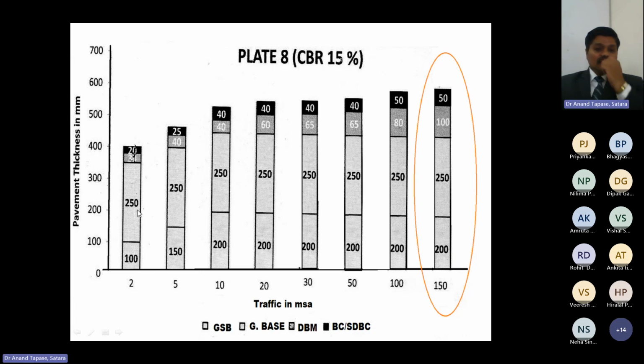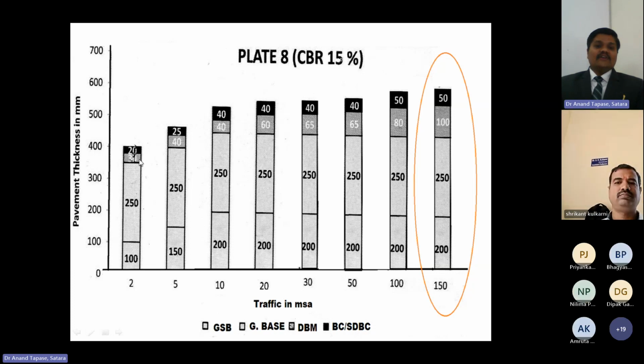Similarly, for the granular base, the thickness should be 250. Here also the thickness can be considered as 250, but the major difference can be observed at the top layers, which are constructed using bituminous mixes.